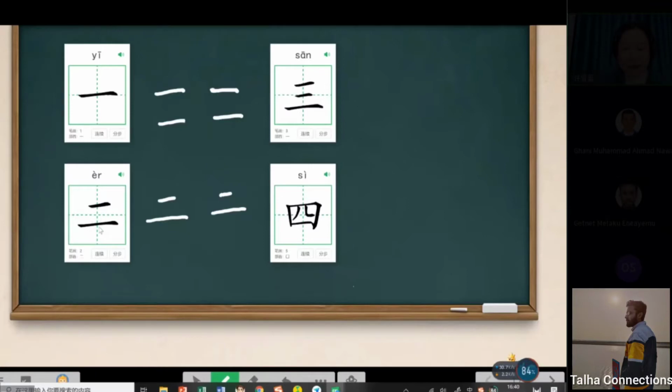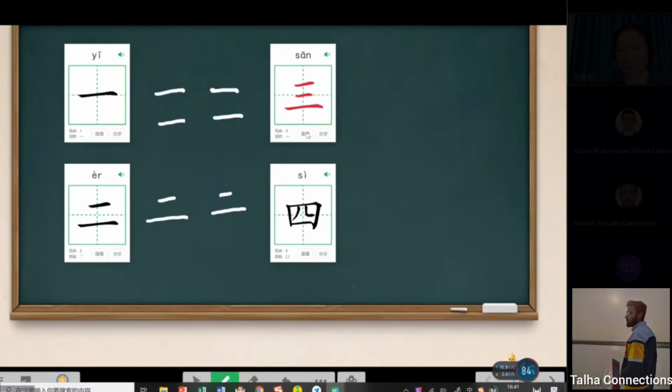Yi, er. Now, sān means three. Very easy. 1, 2, 3 strokes. Again. The middle one is the shortest one, and the lower one is the longest one. 1, 2, 3.